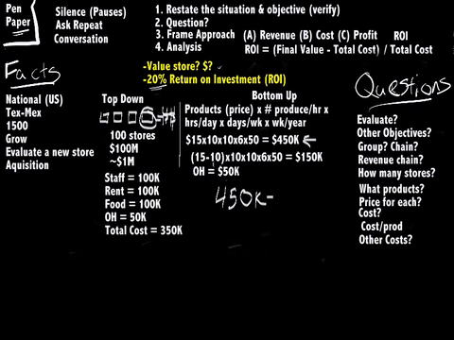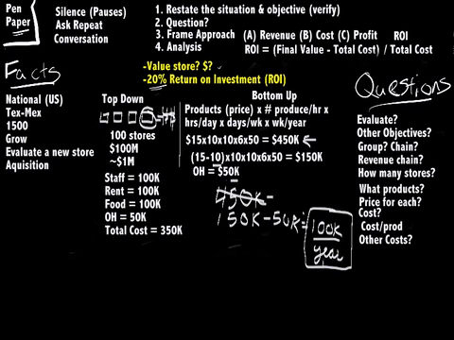Let's say that they gave us the $10 per meal, so this ended up turning out to be 150K, but then we subtracted the overhead costs of 50,000, and then we ended up with 100,000, and this is per year. So this is an example of how you would come up with the revenue over a period of time.